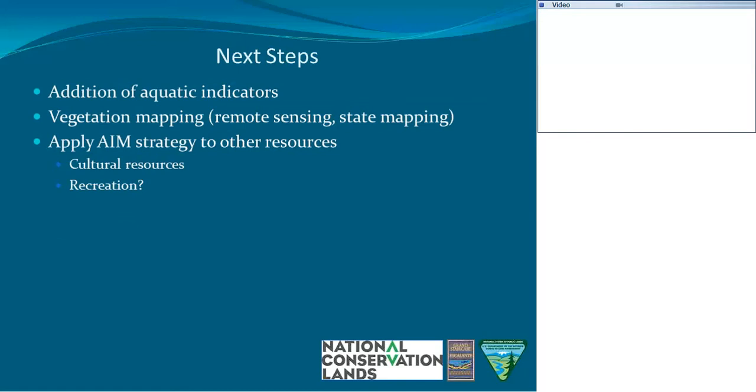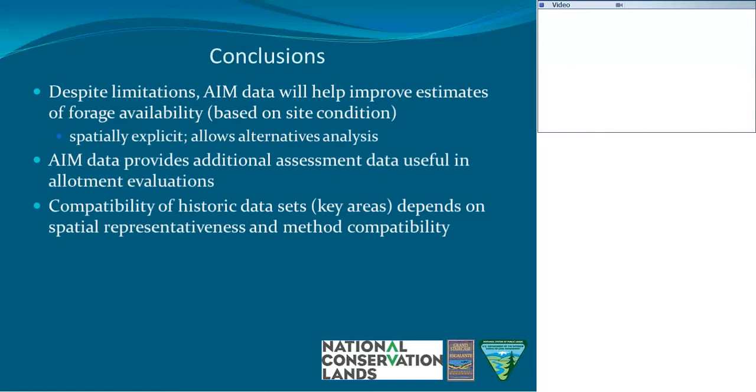And then we want to also be able to apply AIM eventually to other resources. Cultural resources is our main interest, and Paul and Casey mentioned that before. We think there's a great potential for applying AIM strategy to cultural resource inventories.